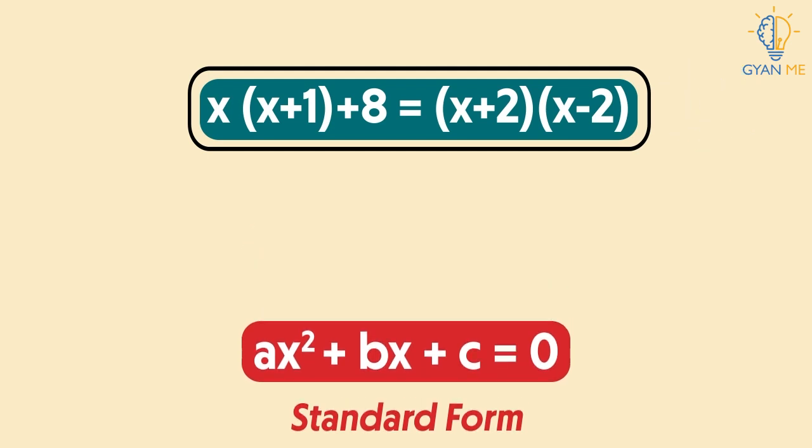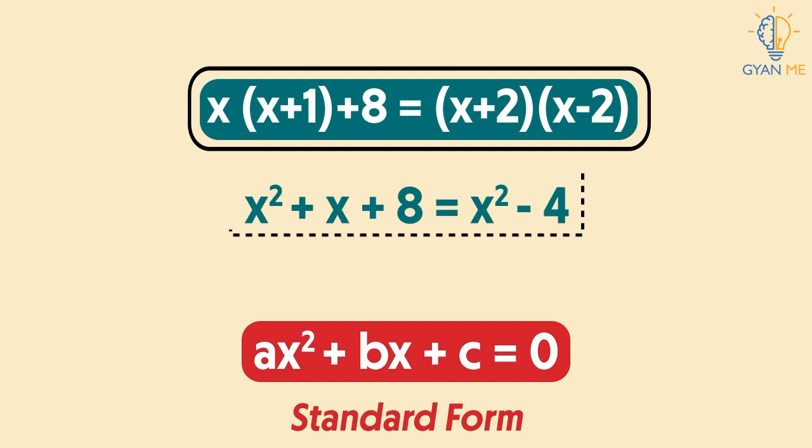On simplification, we get x square plus x plus 8 is equal to x square minus 4. Now when we look at this equation, it looks like it is a quadratic equation since it has x square term. But observe carefully, x square term is on both the sides of equation and so it will cancel out.